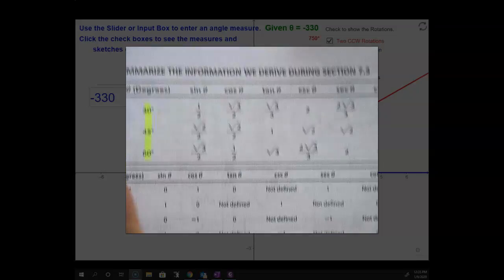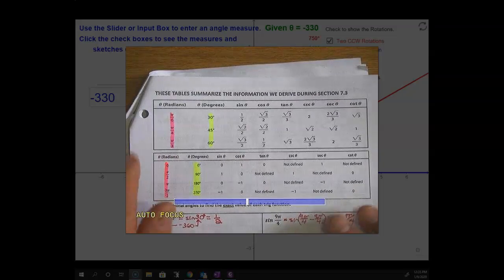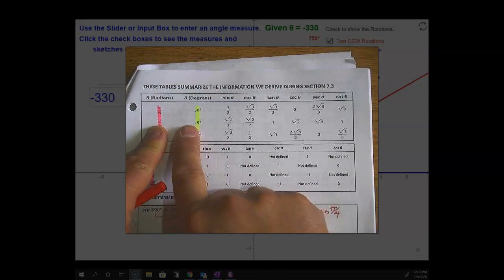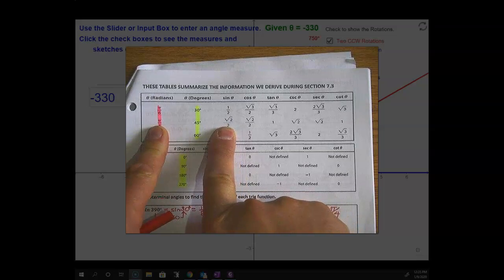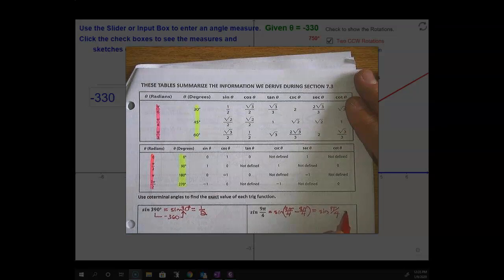And we just look that up on the chart. Pi over 4, go over to the sine, and there's your answer. So this is root 2 over 2.